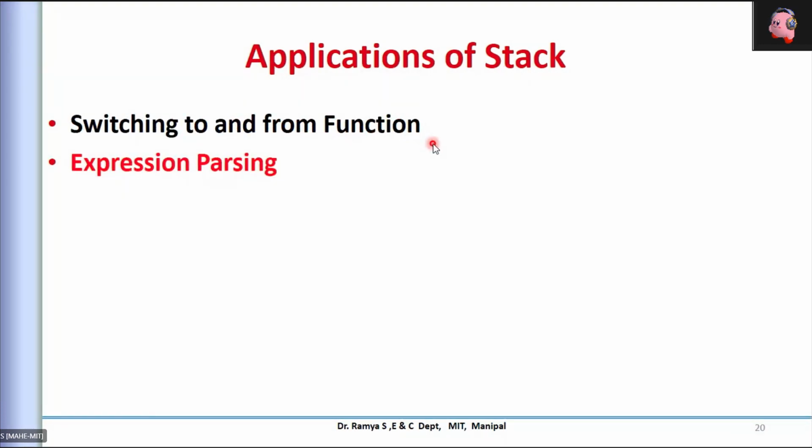It is basically you are trying to switch to and fro from your function. Okay, I want to go to a function, then the address of the function is retrieved and all that. Push and pop is going to happen, and more often it is seen in expression parsing. Now, what do you mean by expression parsing? Expression parsing is any mathematical expression which you just enter, but the program has to understand there are some operators which have more dominance.